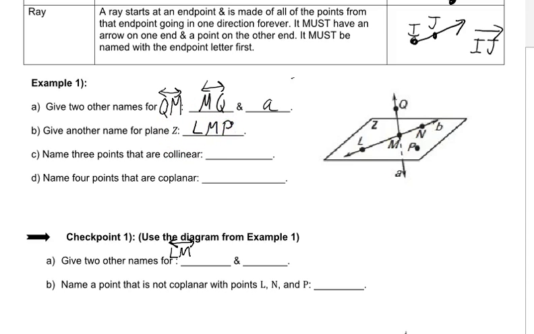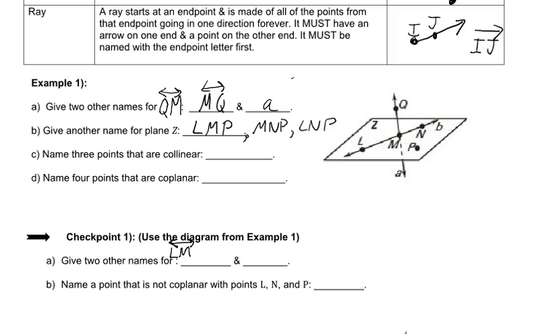You can have those letters in any order. MNP also works, again in any order, as does LNP. Again in any order. Any of those are another name for plane Z.